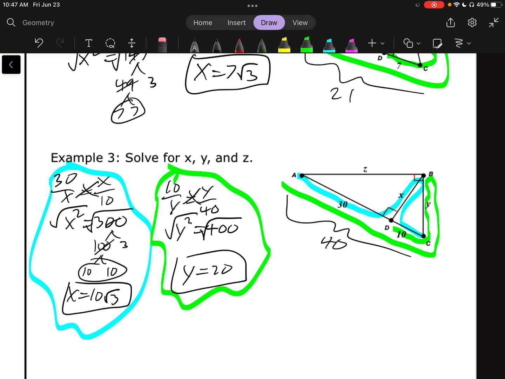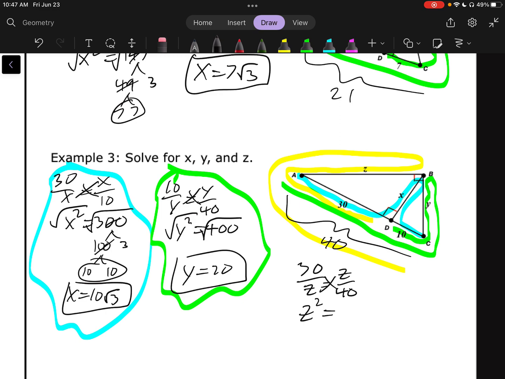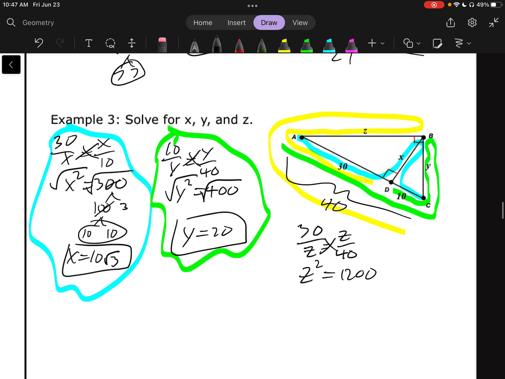Okay, and then lastly, we can get z by doing 30 over z equals z over 40. Cross multiplying there, we get z squared is equal to 1200. Let me take the square root of that.